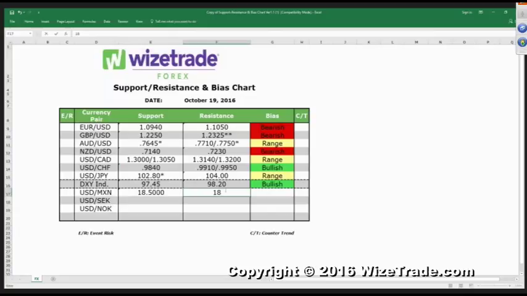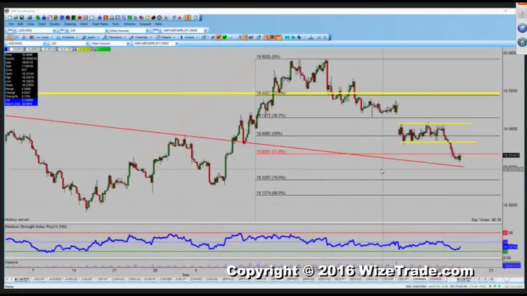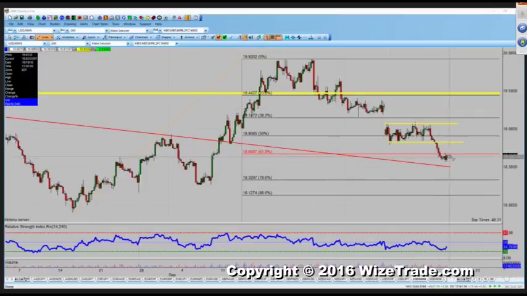If you think Hillary Clinton is going to win the debate tonight, then the better trade is probably being short the U.S. dollar Mexican peso right here. I have no idea what to think, but I will be watching the debates tonight. So any rally up towards 1880 is probably not a bad place to be on the short side of the U.S. dollar Mexican peso if Hillary Clinton has a good showing tonight. If Donald Trump has a good showing tonight, we might actually squeeze up and try to fill up this gap.